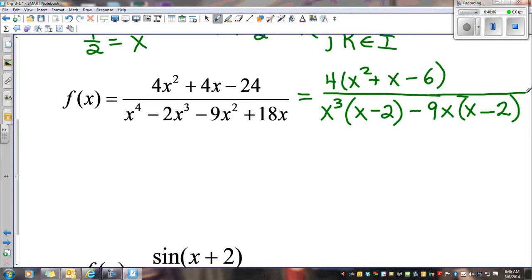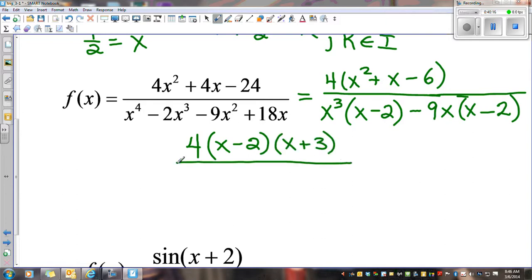Because now someone said on the top, I can have 4 times x minus 2 times x plus 3. And on the bottom, first step is I'm going to have x cubed minus 9x times x minus 2. Because what did I do? I factored x minus 2 out of both of those. Okay, now can we factor some more?